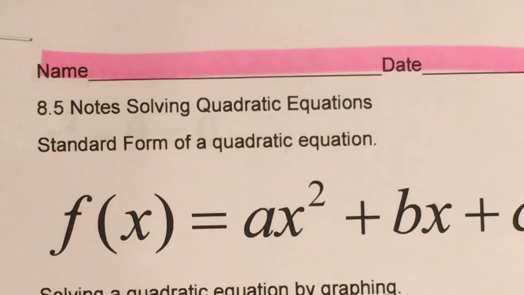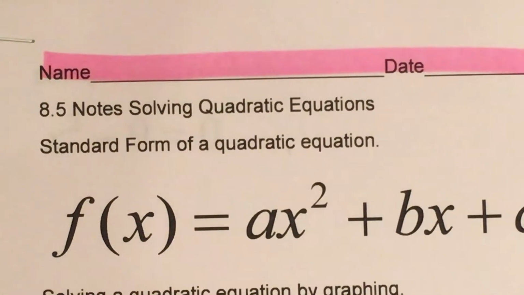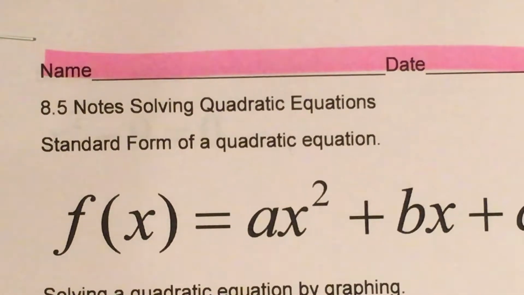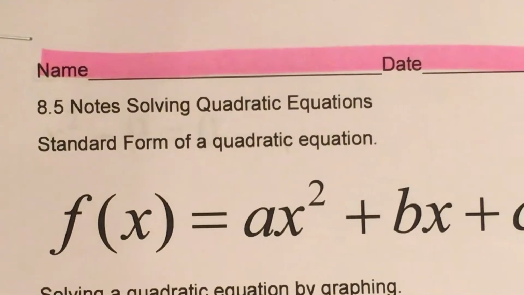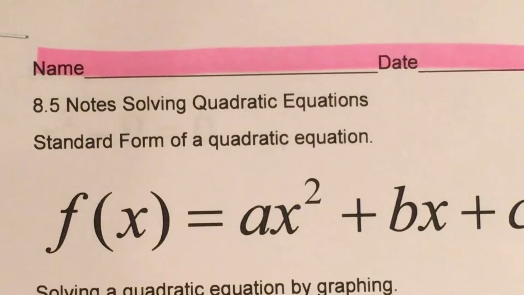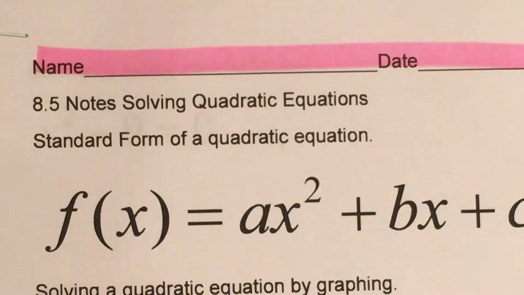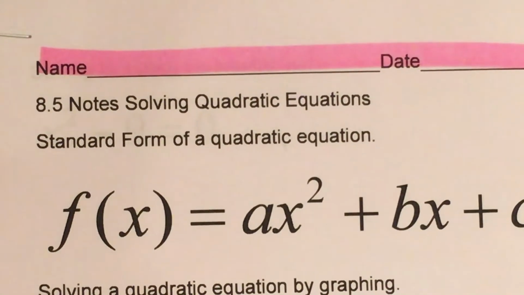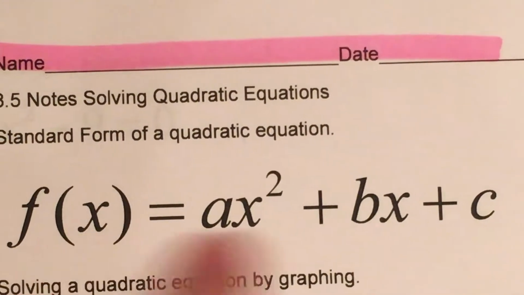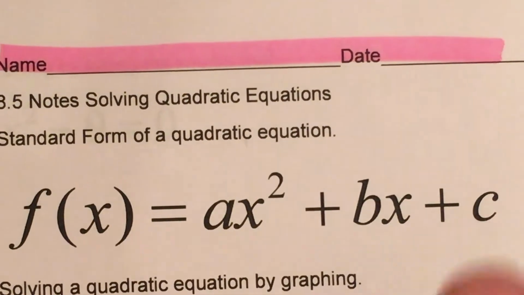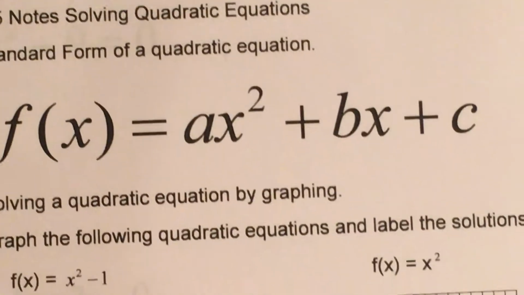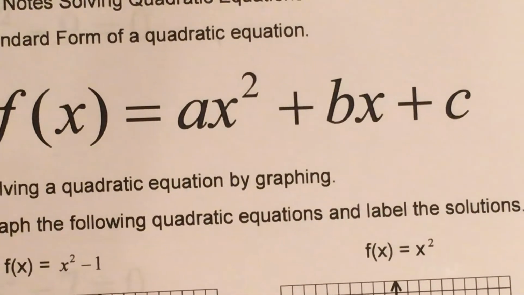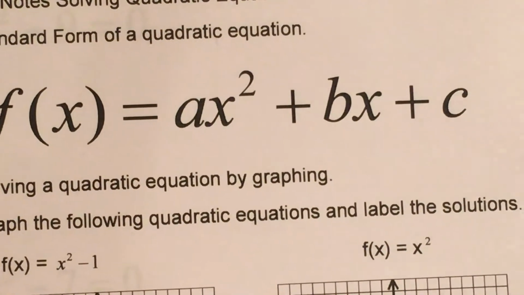So let's have a brief discussion looking at our calculator of what graphs can look like to begin with. So we have here the standard form of a quadratic. That's great. And we're going to solve it by graphing.